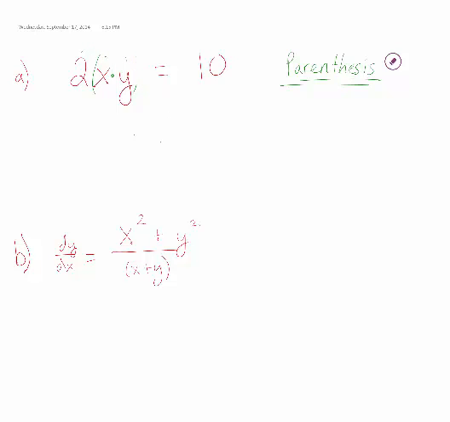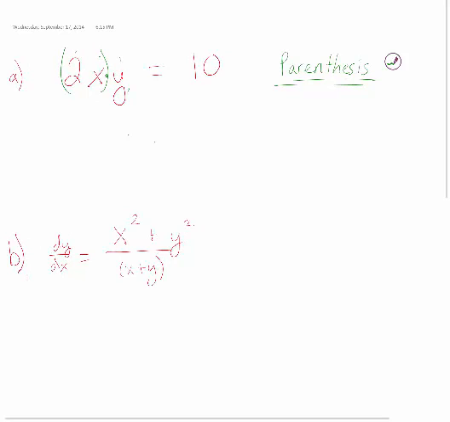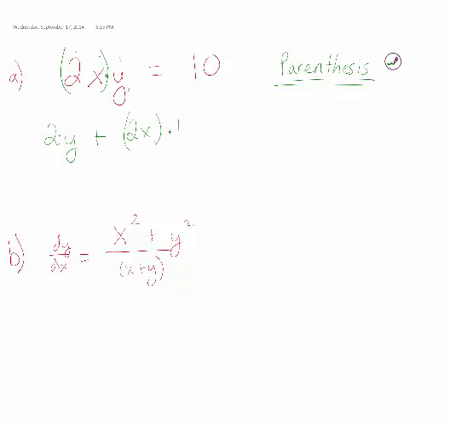So again, I like to put my parentheses around 2x times y and think of it that way. The derivative of 2x is just 2, times y, plus then I have the 2x by itself times the derivative of y, which is 1 dy over dx, equals 0, and then we can go ahead and solve that.